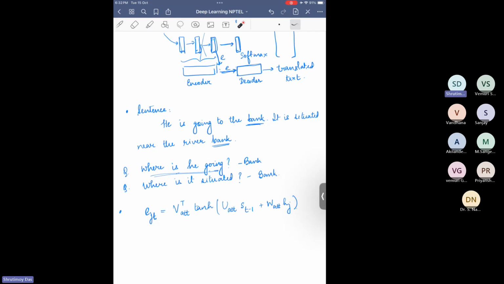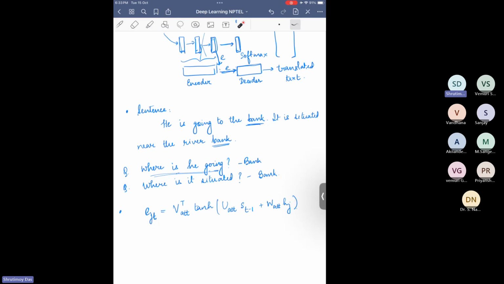So whenever you are writing down any attention, we want these things to be normalized. Normalized in the sense that it may happen that this EJT may be very large for some, maybe 100 or 1 billion, and for some it may be very small.